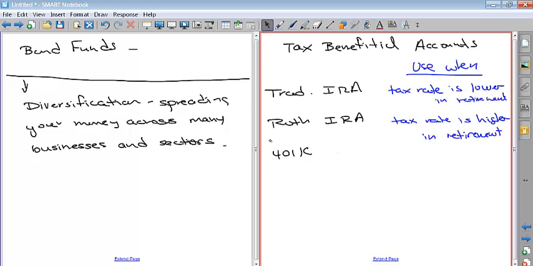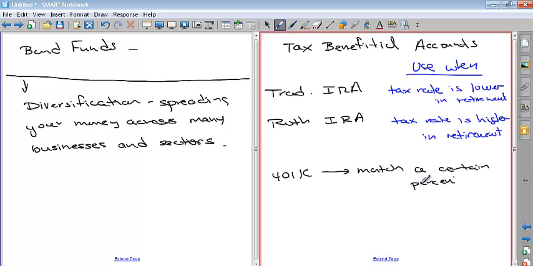And then you have the 401k, which is associated with your job, and it's more like a traditional IRA. So this money is going to be taxed at your rate when you retire. The key thing here is that pretty much all the time, if they offer it, your company will match a certain percentage of up to a certain part of your salary.